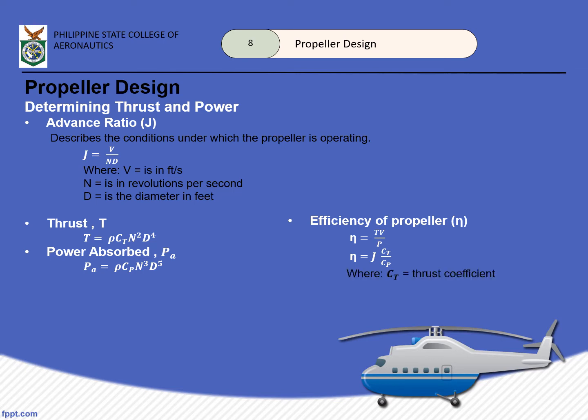So if you're wondering, yung CT dun is the thrust coefficient and yung CP is the power coefficient. So note that in determining thrust and power, take note of these formulas. So ito yung gagamitin natin.